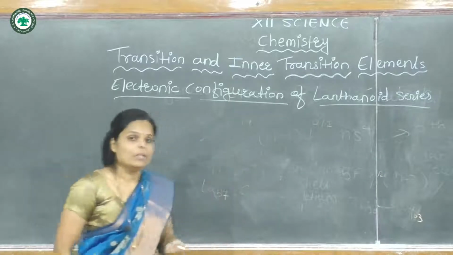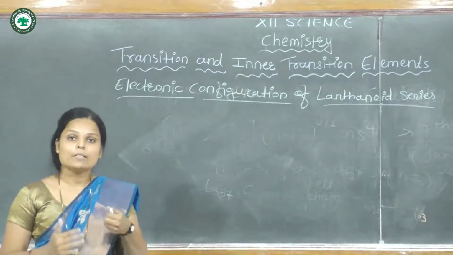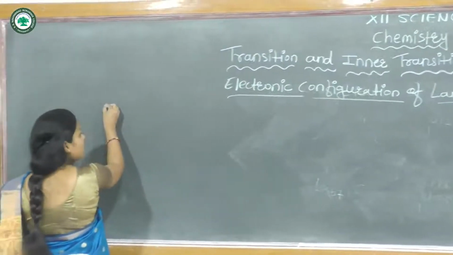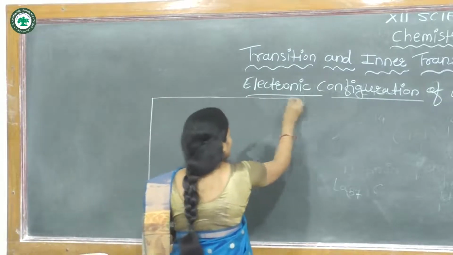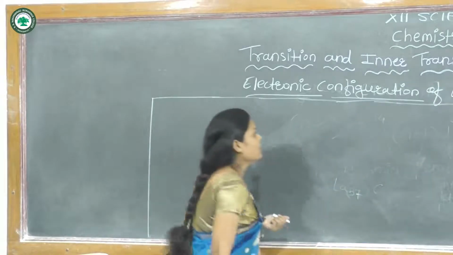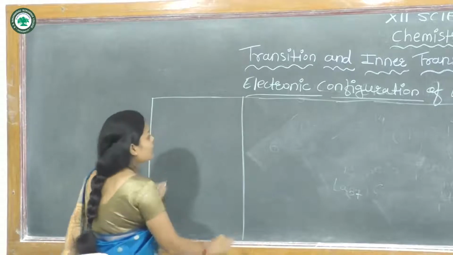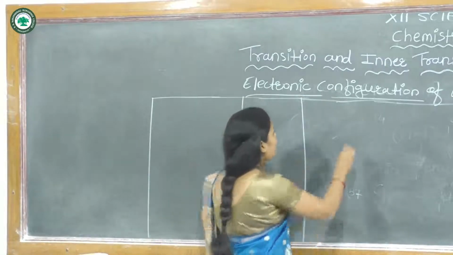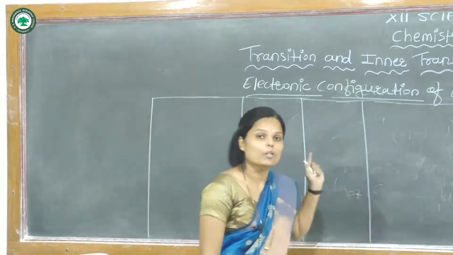Now we one by one discuss the lanthanoid series and its electronic configuration. Here we can draw a table in which there is the element's name, then the symbol, then its atomic number, and the last row is the electronic configuration.